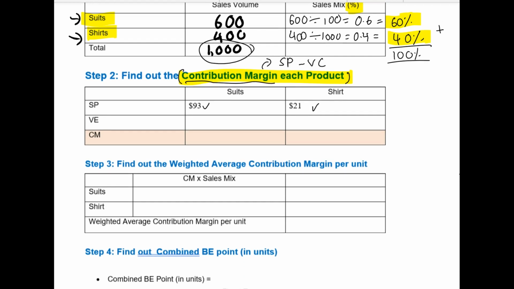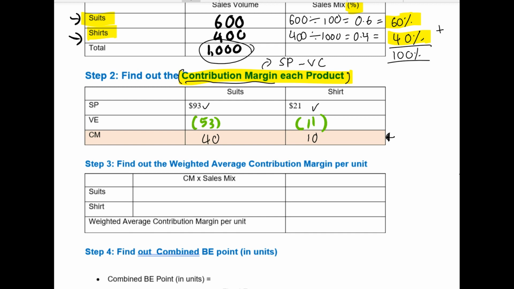So you have to minus off 53 and 11. 93 minus 53, your contribution margin is 40. 21 minus 11, you will get 10. So you find out the contribution margin for each product.